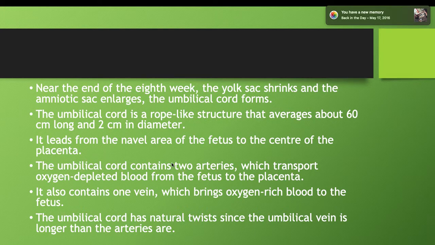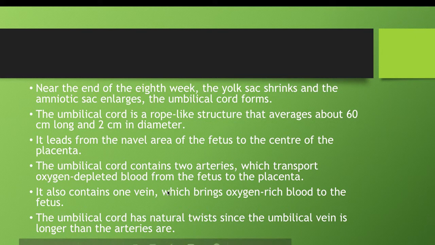The umbilical cord contains 2 arteries which transport oxygen-depleted blood from the fetus to the placenta. So the artery will take all of the blood away from the baby to the mother. It also contains 1 vein which brings oxygen-rich blood to the fetus. The umbilical cord has natural twists since the umbilical vein is longer than the arteries are.